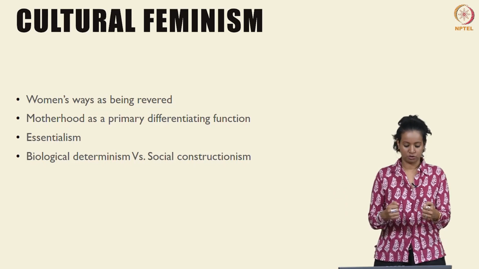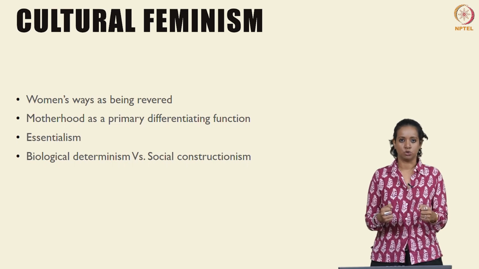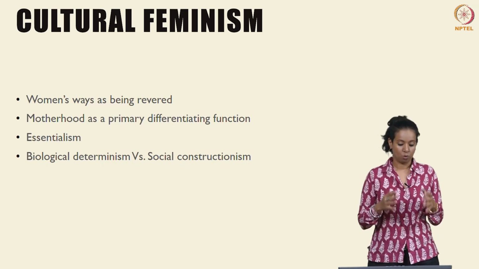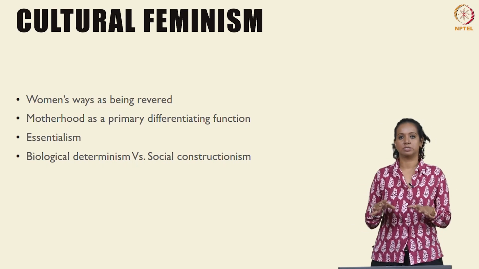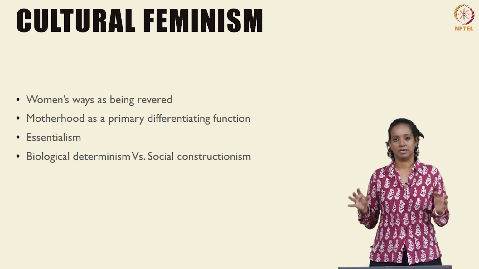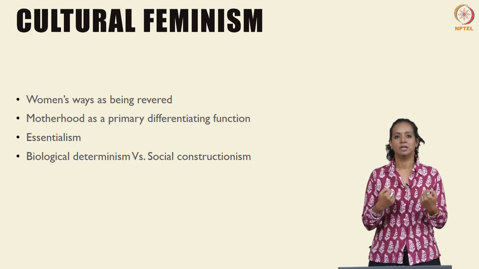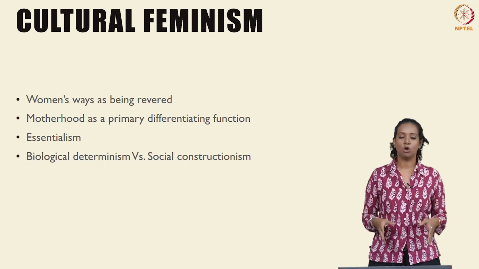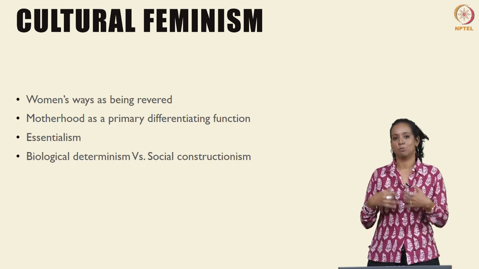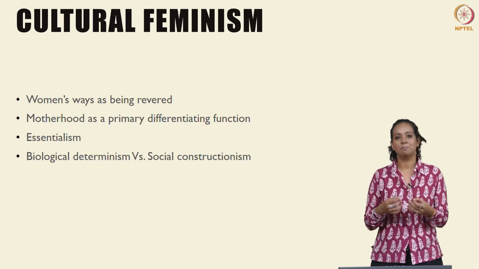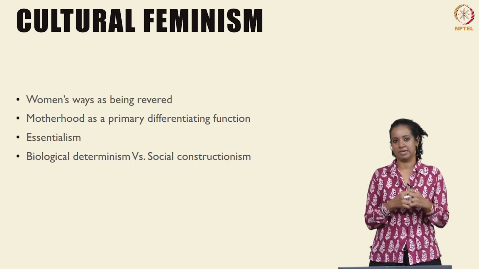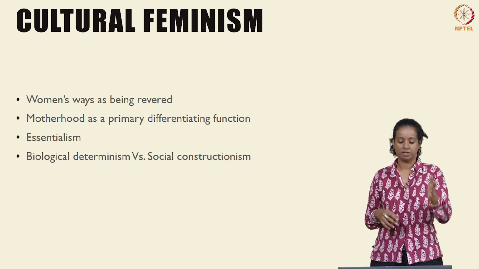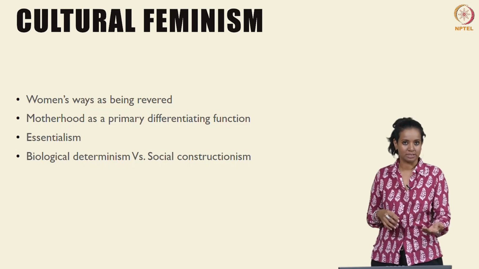Now, as you can see, there is really no meeting point between the two. In many ways, what we are arguing for is not to say one is better than the other, but to look at the limits of each of these and also which of these is more capable of dismantling patriarchy as we know it. That is our concern rather than figuring out how to solve this fight.